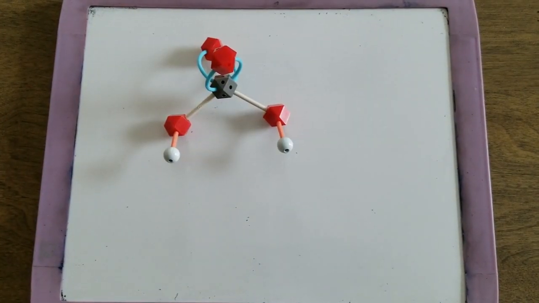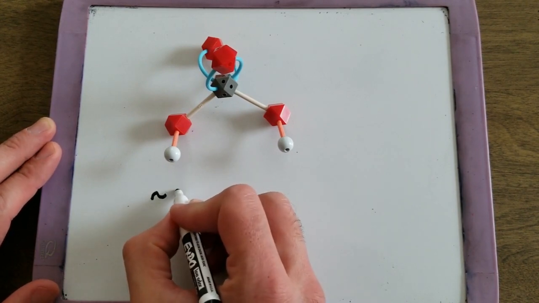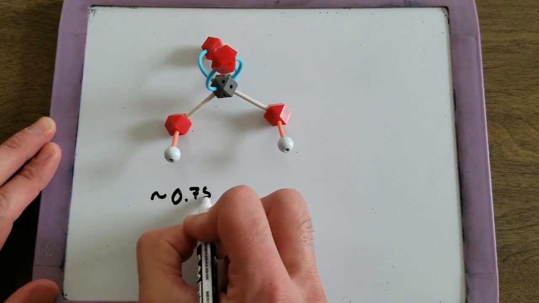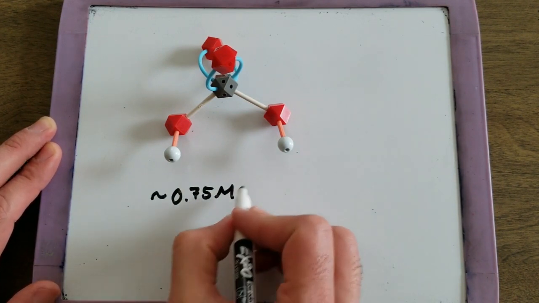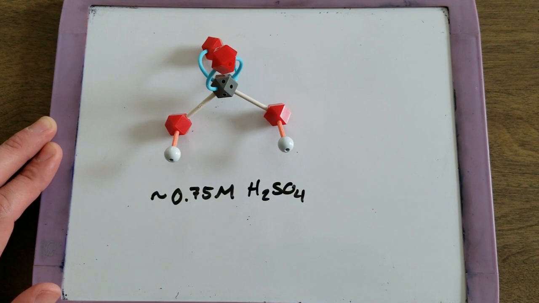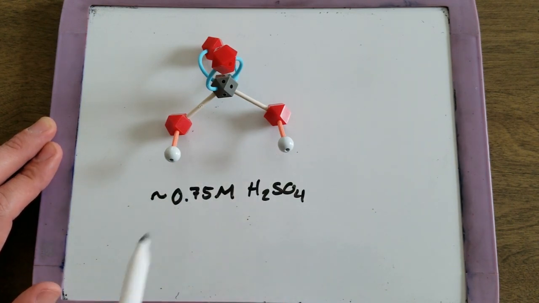So on the bottle of the sulfuric acid we were testing, it said that it was approximately 0.75 molar for its concentration. And if we want to think about how that relates to the normality, it has 2 hydrogens that it loses.